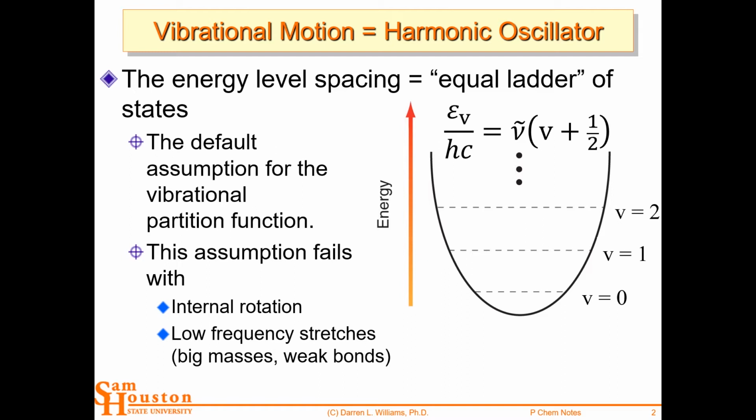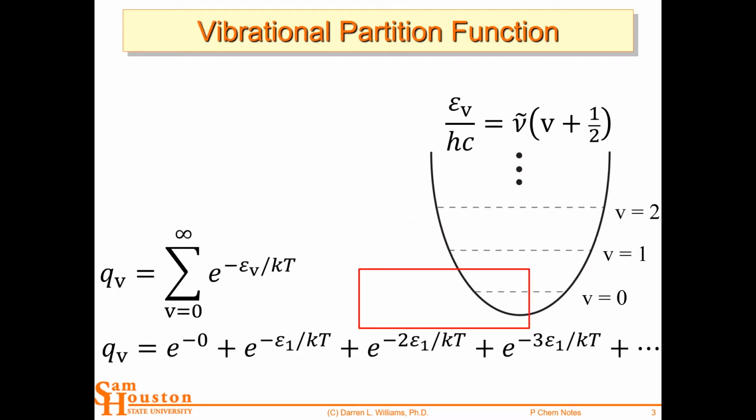That potential doesn't go up forever either. It turns over and you have 3 minima on that vibrational potential. Also, for big masses and weak bonds, you have bond dissociation, and so you have anharmonicity. But for our purposes, we're just going to use the harmonic oscillator equation because it gets us 90% of the way there. So let's focus on this energy equation and the vibrational partition function.